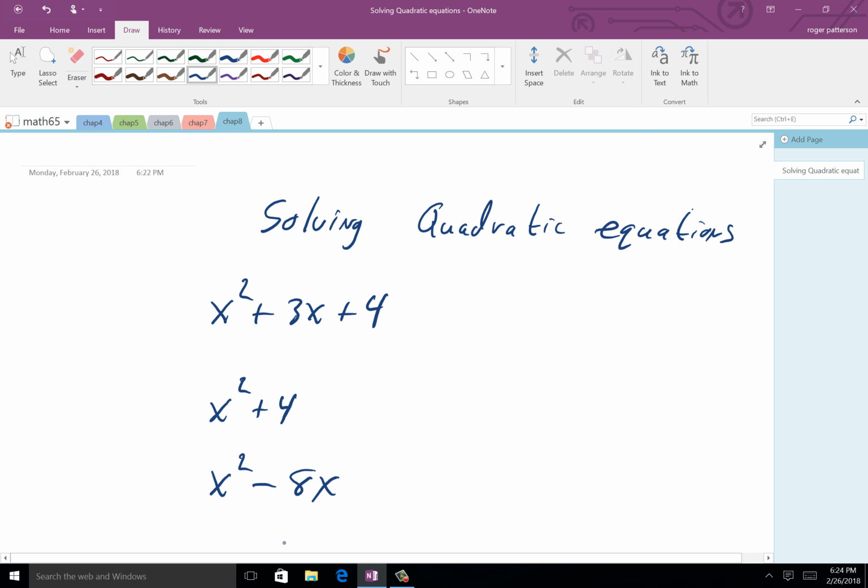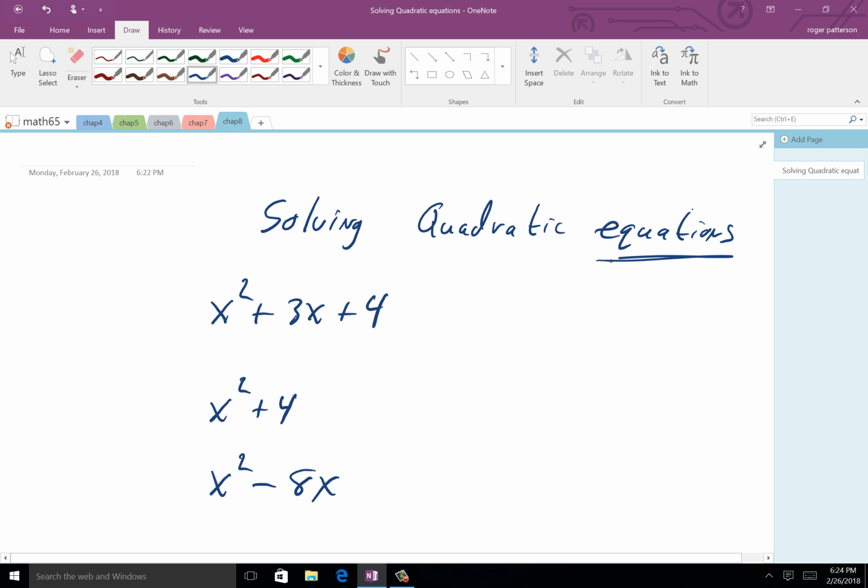So this one here is a trinomial. This one here would be a binomial and a binomial. So we've dealt with those, but not kind of like this. This is kind of a different way of looking at it.